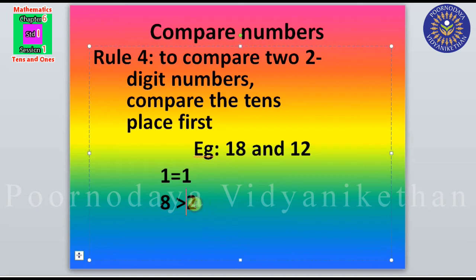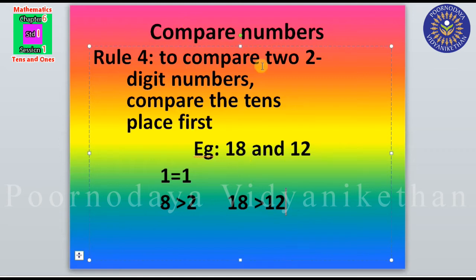So in our numbers, 18 and 12, 8 is greater than 2. So we can say 18 is greater than 12, because 1 and 1 are equal and 8 is greater than 2. Like this we can compare two-digit numbers.